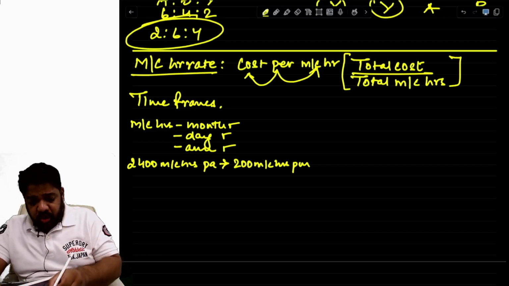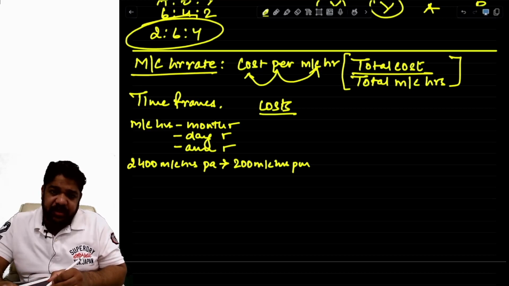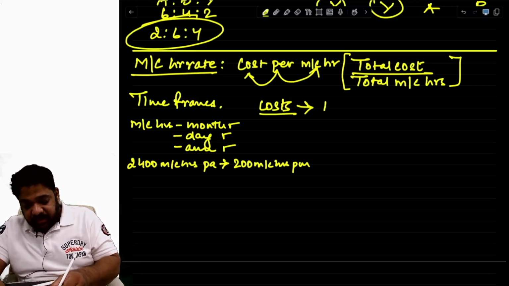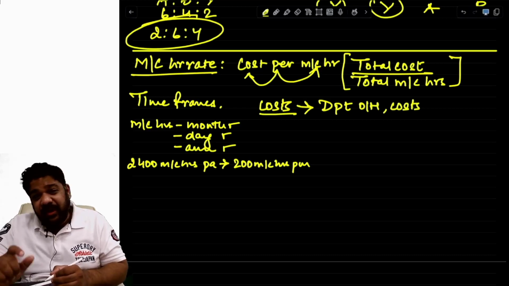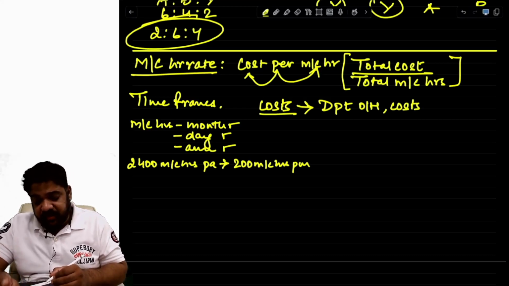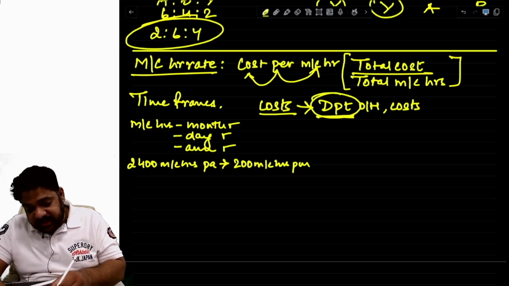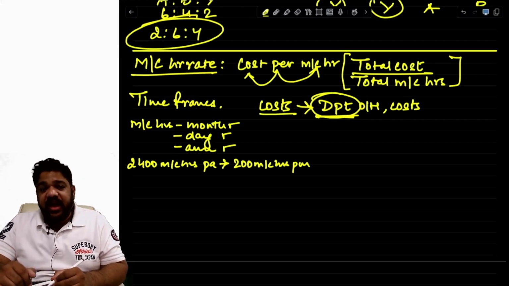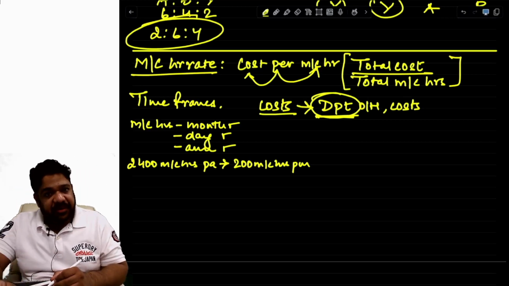when it comes to the cost element of it, all of the costs are fairly simple, but one of the categories of costs that you may come across is departmental overheads or departmental costs. Now, the key important term to understand and remember here is departmental. Okay. If the cost is departmental, meaning it is for the entire department, and it will be applicable for all of the machines that are in that particular department.